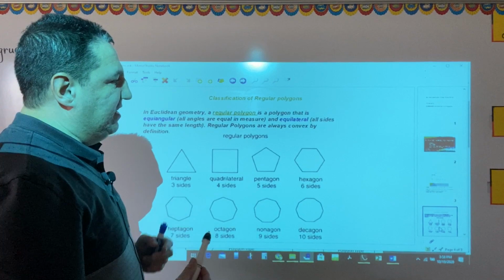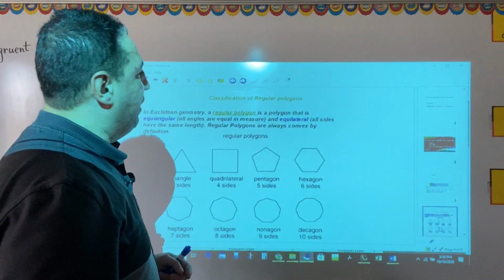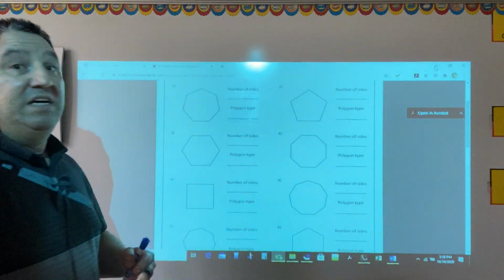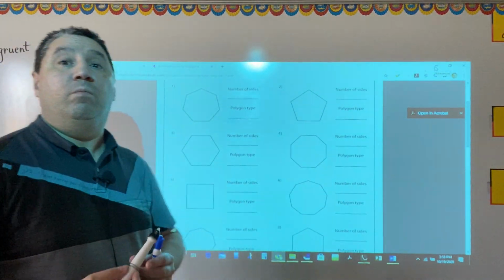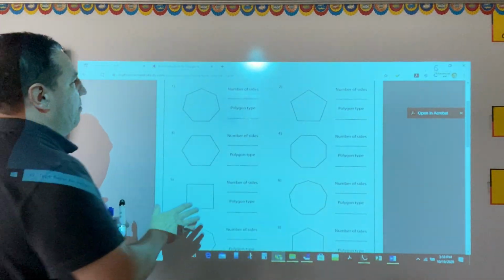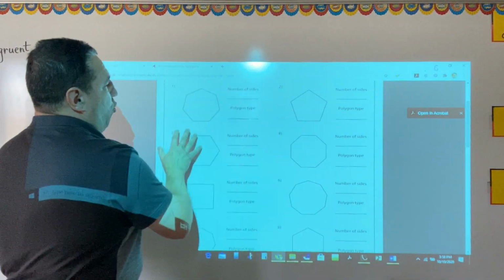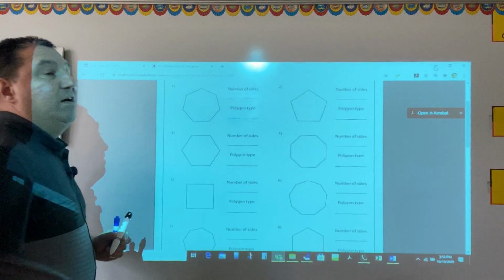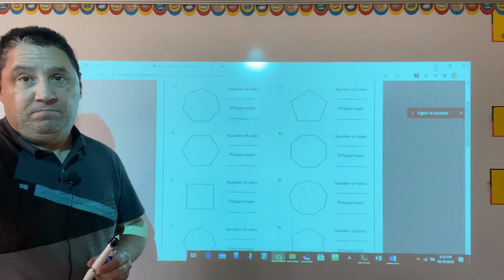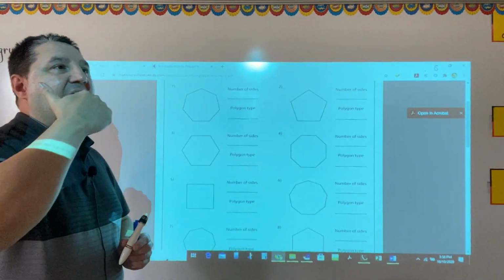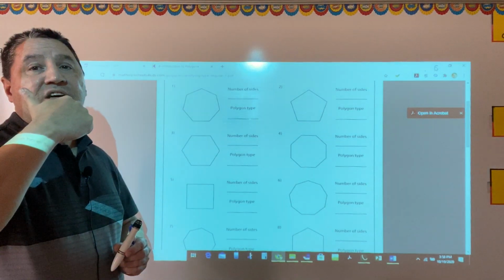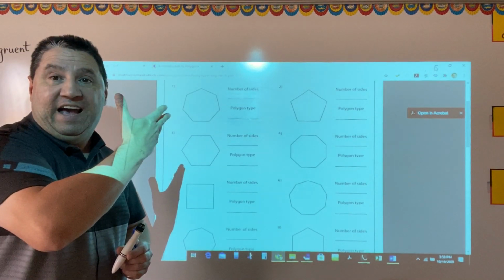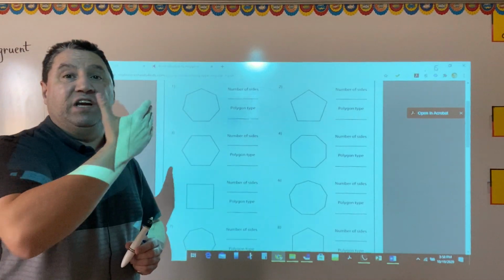Good. This being said, let's have a few examples of a worksheet with different types of polygons. For example, in this case, we have to come up with the number of sides and the type of the polygon, the name of the polygon, and what kind of polygon, regular or irregular.